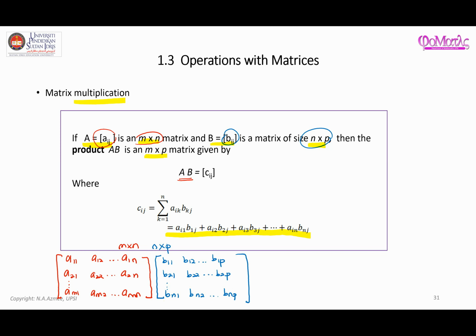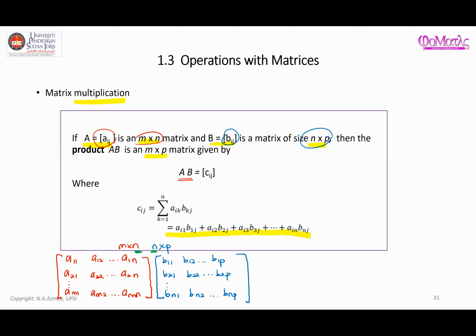For two matrices to be multiplied together, you have to make sure that this one here is the same as this one. That means the number of columns of the first matrix has the same value as the number of rows of the second matrix. They need to match each other.